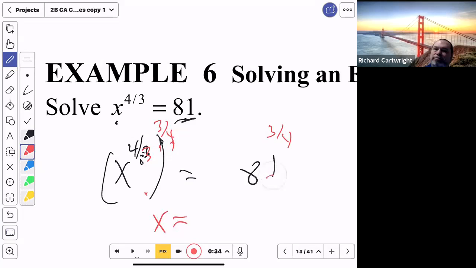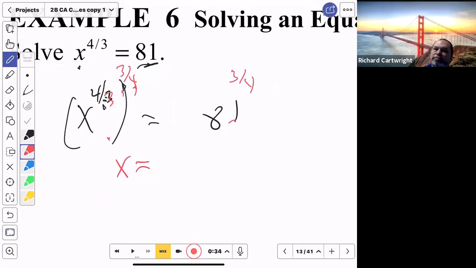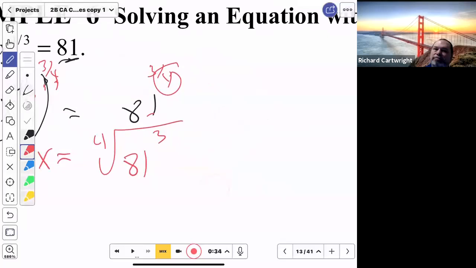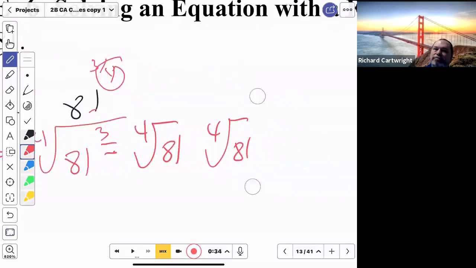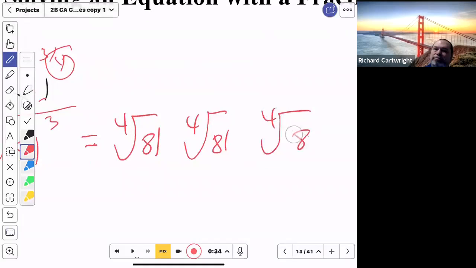And x equals 81 to the 3/4, just like I told you before: the 81 gets the 3, and that 4 means fourth root. I know it's ugly, but it's not that bad because it's really the fourth root of 81 times the fourth root of 81 times the fourth root of 81.